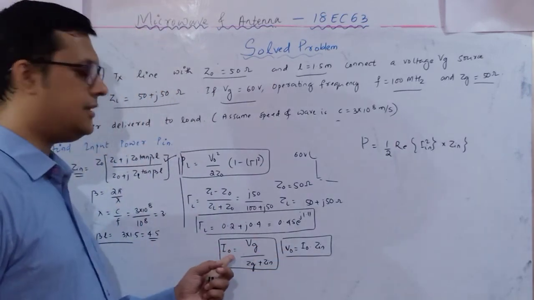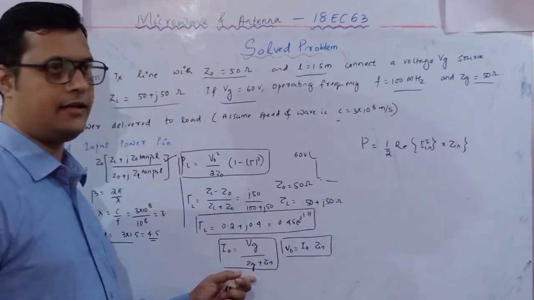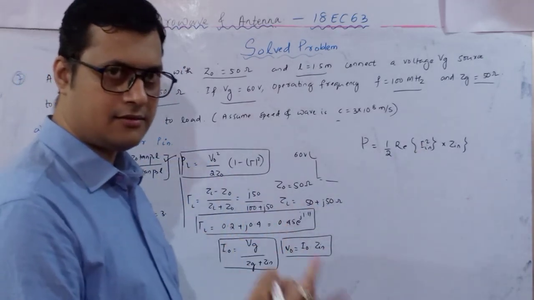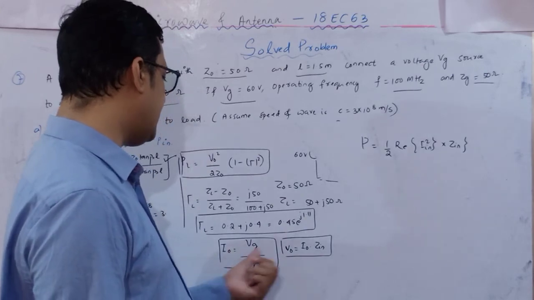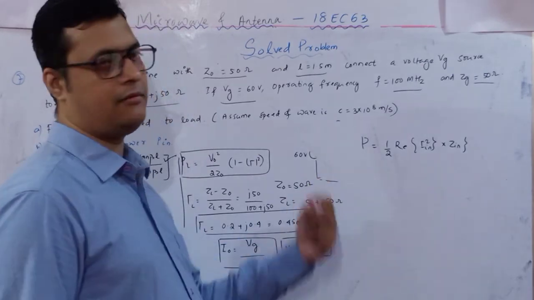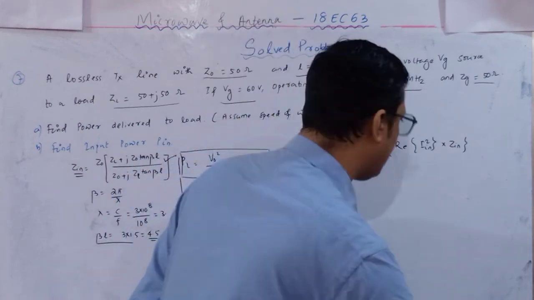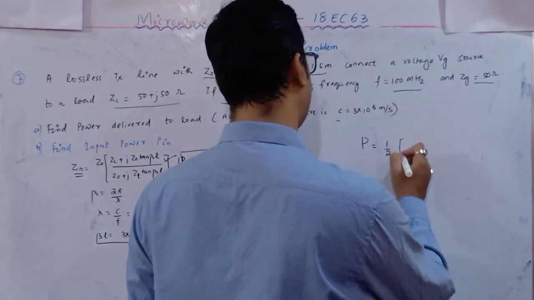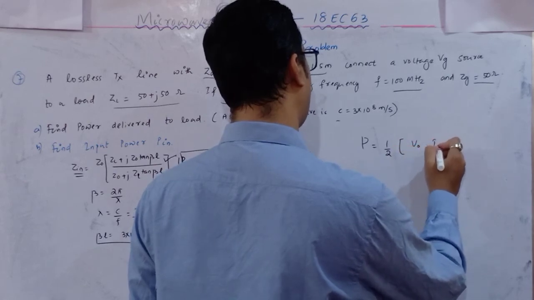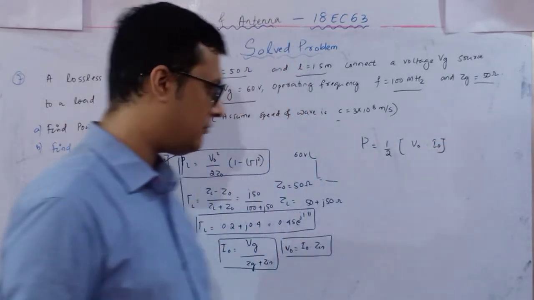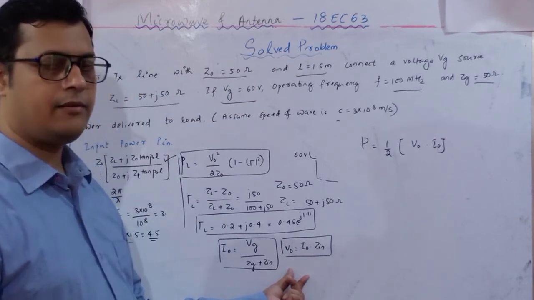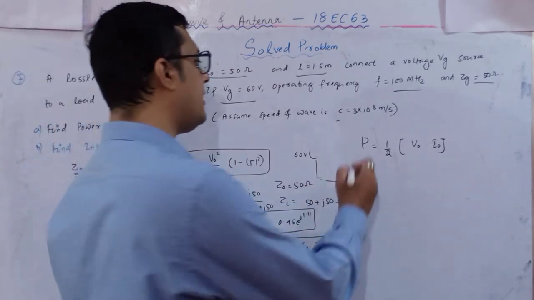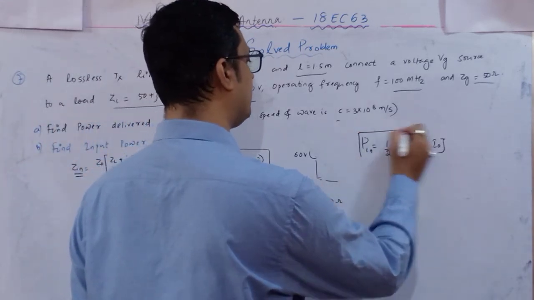I in means this I naught, whatever value we get here. Square it, multiply by the input impedance, or you can directly take V naught into I naught divided by 2. It will be easy to understand. Half means it is average power. So here I will write half of V naught into I naught. V naught is the input potential, and I naught is the input current. Multiply these two, you will get the input power.